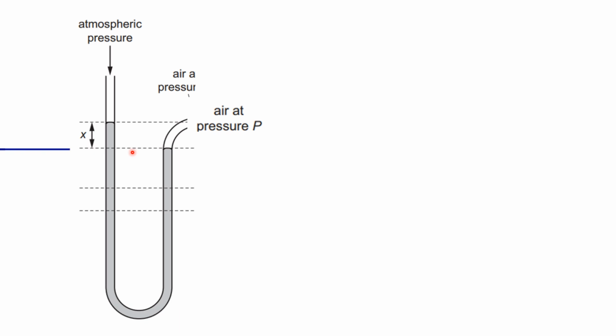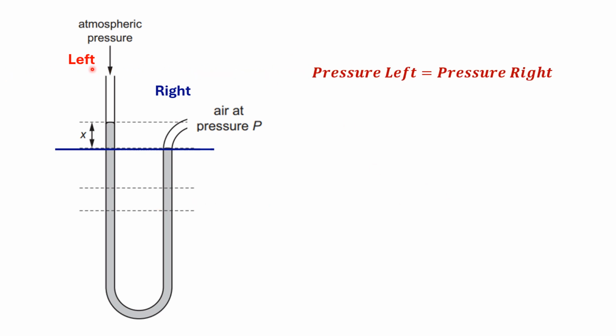Number 1, find the line with the same pressure level, then identify the left and the right side of the tube. Considering this fluid is in equilibrium, the pressure on the left is equal to the pressure on the right. So what do we have above this line?